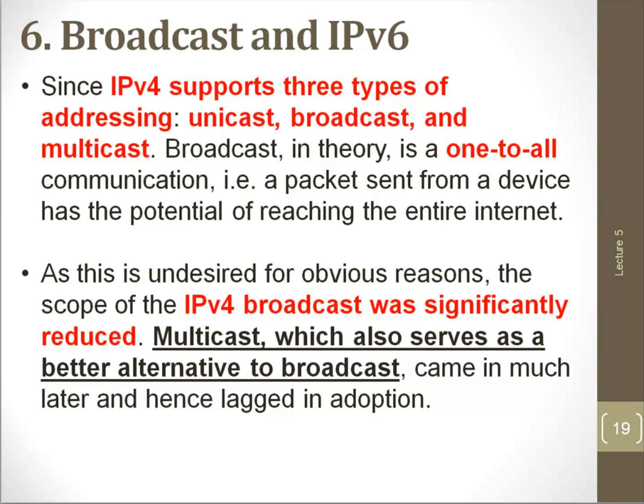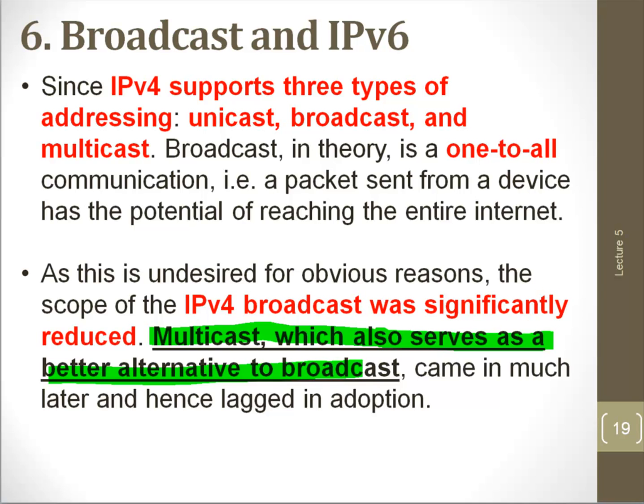Any application that was working based on broadcasting has now moved to multicast, which serves as a better alternative to broadcasting in IPv6. IPv6 supports only three things: unicast, multicast and anycast. Broadcasting is not supported.